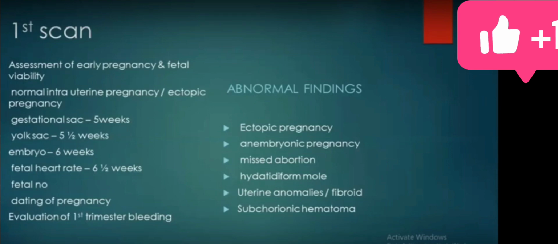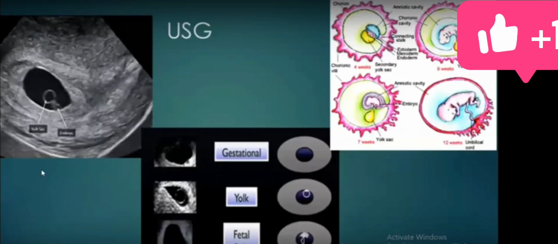There are so many abnormalities we can see in the first scan. One is ectopic pregnancy, which I had already mentioned, a pregnancy outside the uterus. Then there is anembryonic pregnancy. Anembryonic pregnancy means the gestational sac is seen even after 6.5 or even after 7 weeks, but there will not be any yolk sac or fetal pole or fetal heart rate.